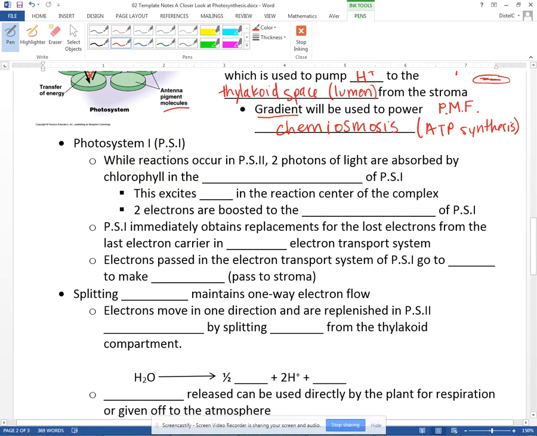So that's photosystem 2. Now, while these reactions occur in photosystem 2, photosystem 1 is also occurring. So these are happening simultaneously, okay? It's the same basic process. Two photons of light are absorbed by chlorophyll in the light harvesting complex. This still excites two electrons in the reaction center, and those electrons are boosted to another electron transport chain, of photosystem 1.